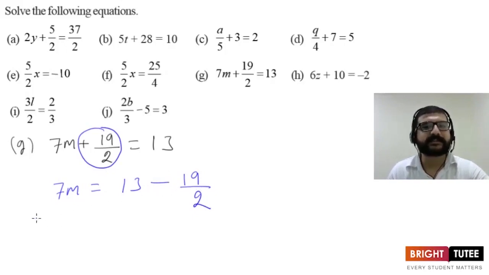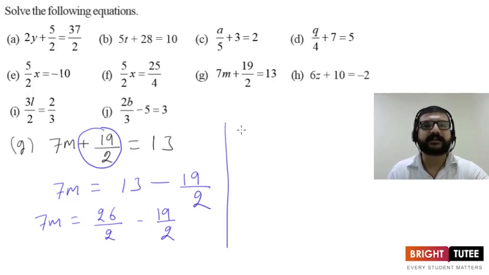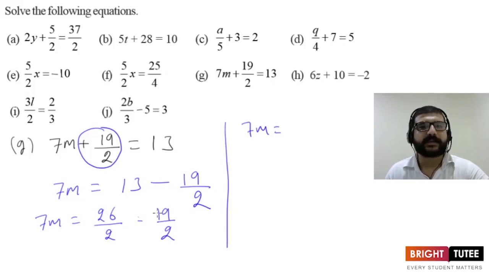Now let's simplify this. We will get 7m is equal to, we can write this 13 as 26/2 minus 19/2. Now let's simplify this. We will get 7m is equal to 26 minus 19 will give us 7/2. Now let's transpose this 7.